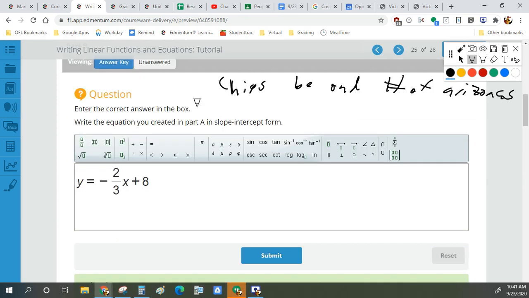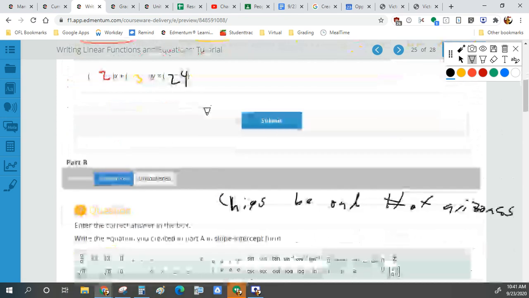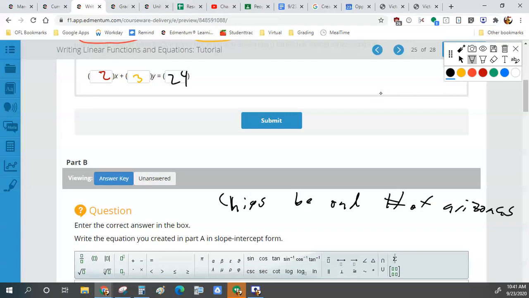That's how we're filling this out. The way we would fill it out is, how do we figure out how many Arizonas we can buy? Just get the Arizonas by themselves. So what we're going to do is move over. Oh, wait, I did this backwards. So how do we figure out how many chips we can buy?